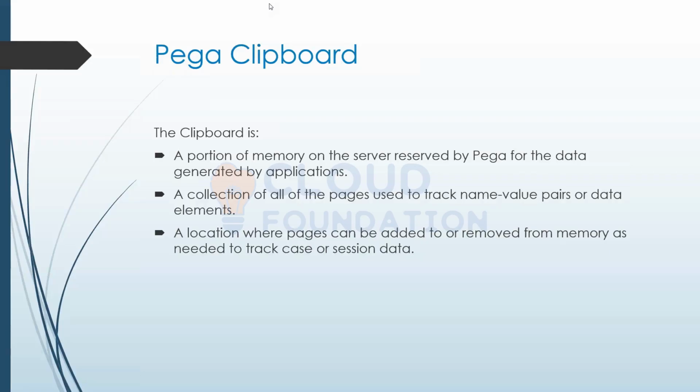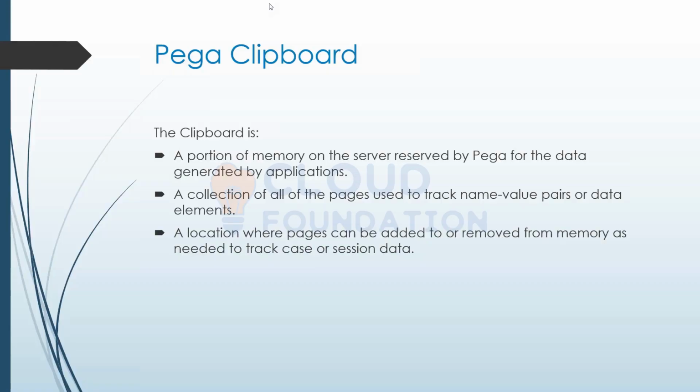This is not the exact DB table, but a memory reserved for storing the case data. The DB aspect is anyway there. Data will go and sit in the table assigned to it. But this clipboard is faster access. This space is reserved for quickly accessing data corresponding to a case type.